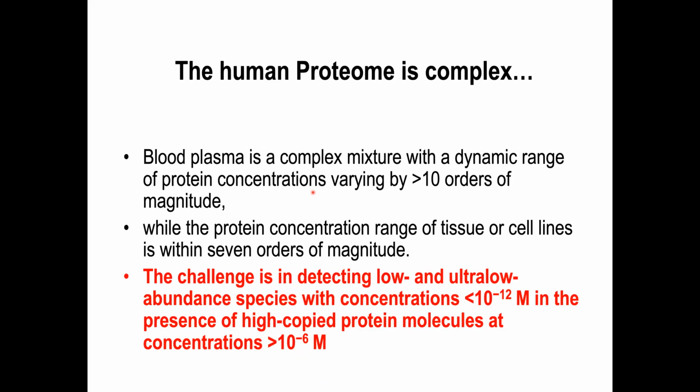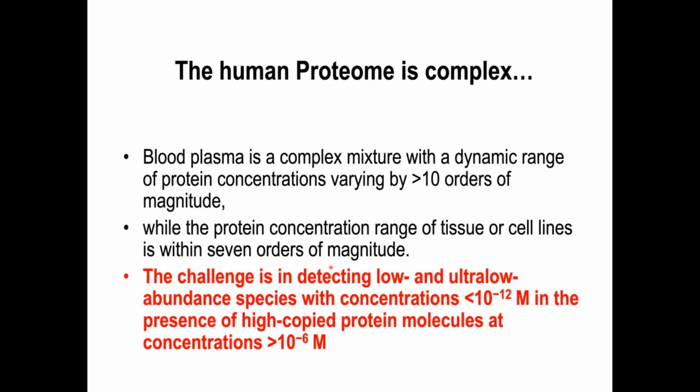Now, that makes the human proteome extremely complex. When we take, for instance, a body fluid like blood plasma, this is already a very complex mixture. And the problem in there is that it has a tremendous dynamic range of protein concentrations, like in a cell, varying by 10 orders of magnitude. This is also reflected in the protein concentration range of tissues, for instance, or cell lines, with 7 orders of magnitude.